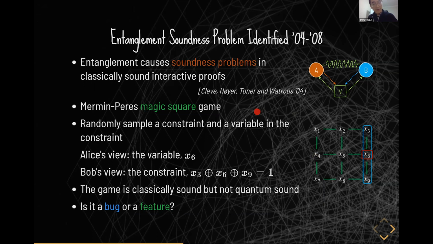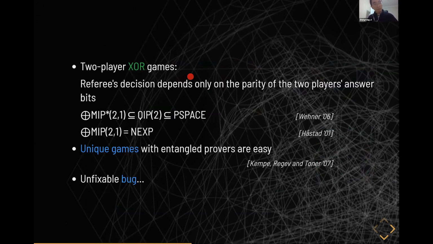So that's a big problem for interactive proofs, because now we don't know whether classically sound protocols are quantum sound. And indeed, there are certain models where this problem is unfixable. If you consider XOR games, where the decision depends only on the parity of the players' answers, then the power of this entangled interactive proof with 2-prover XOR games is much smaller than the classical one.